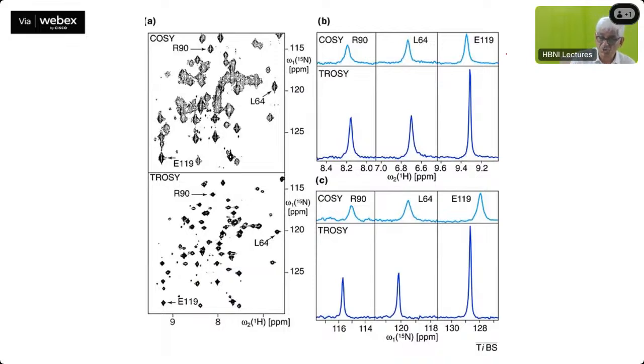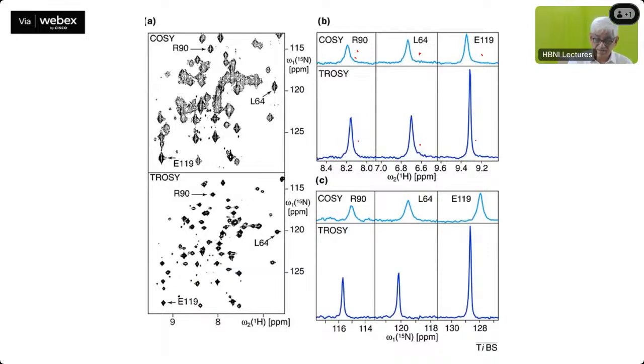This is the HSQC cross sections. Wüthrich likes to call it COSY, but these are HSQC spectra. And for a particular residue, R90, this is in the HSQC, this is in the TROSY. L64, L64. E119. Look at this intensity change. Enormous change.